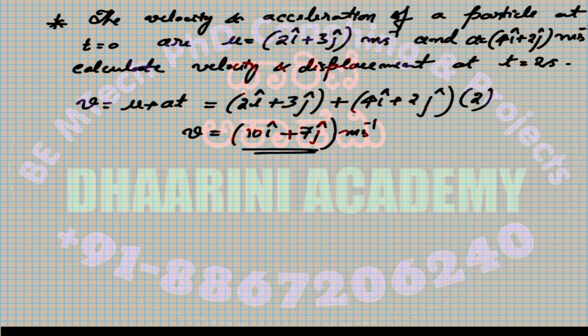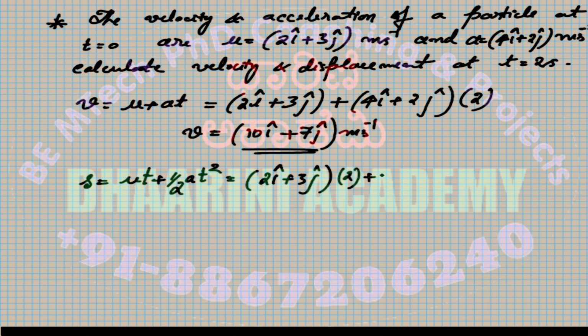And we want to calculate the displacement, so use this equation. S is equal to ut plus half at square. u is equal to 2 i plus 3 j cap into 2, plus half into acceleration, that is 4 i cap plus 2 j cap, into t square, so 4.